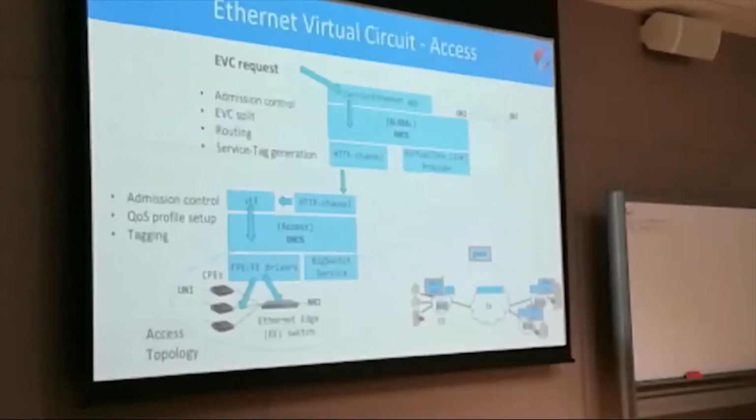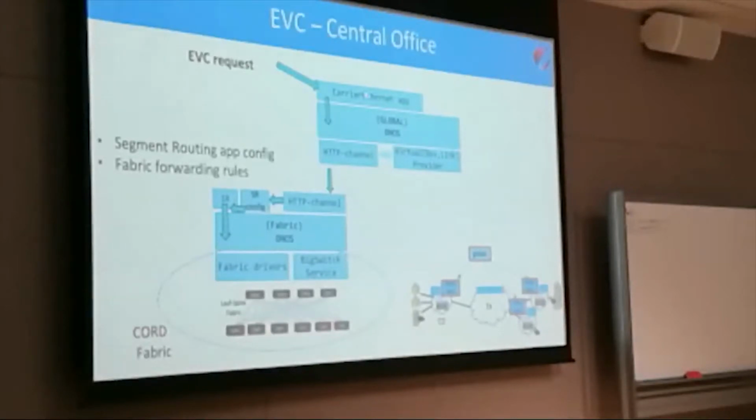The same process applies for the fabric, the central office fabric. So we have the same components with an HTTP channel to receive the forwarding constructs, but then a different application to configure the segment routing application that controls the fabric of the central office.